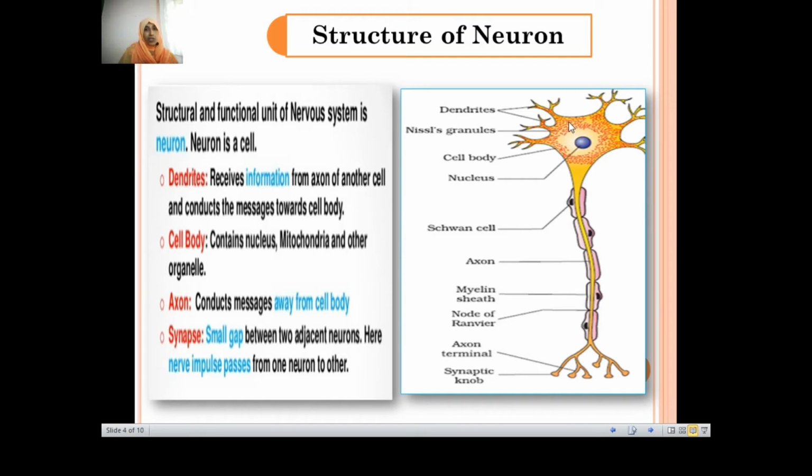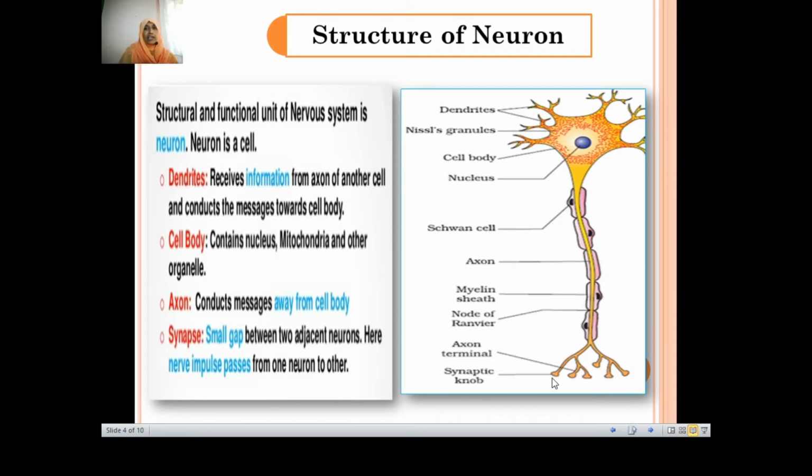The head part, which we call the cell body, has the nucleus with the cytoplasm and cell membrane, just like any cell. One of the most important parts is the long axon, which has Schwann cells with the myelin sheath, the protective cover that covers it.